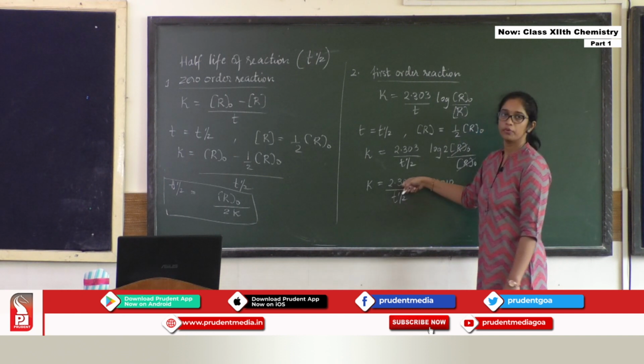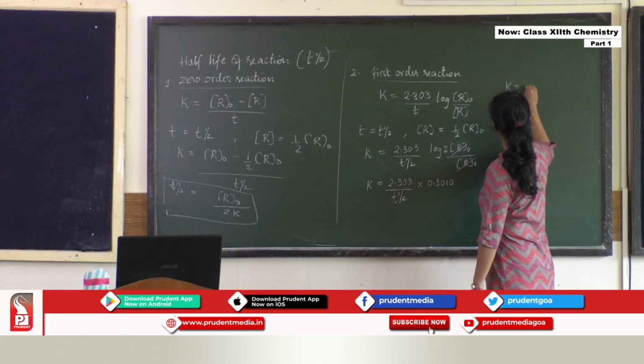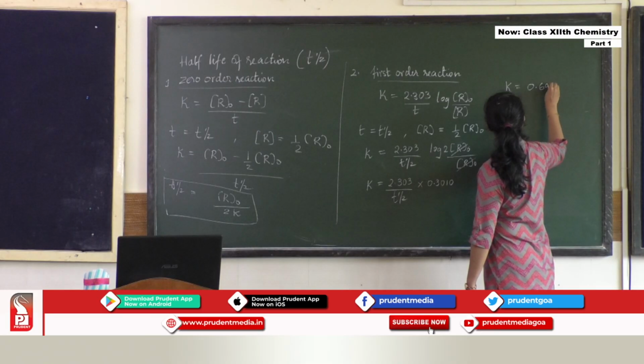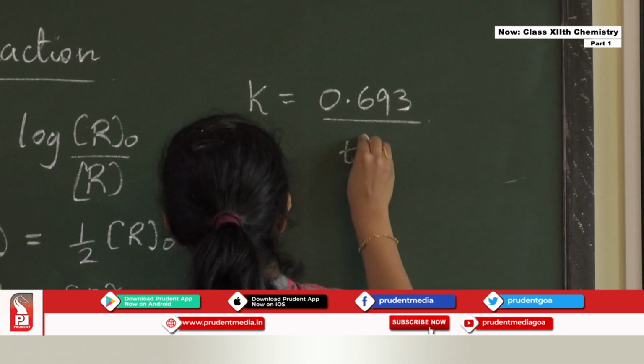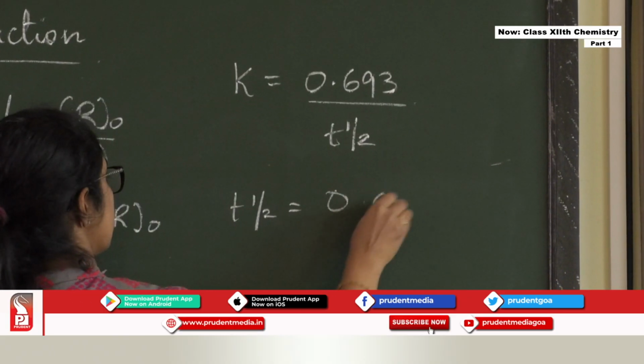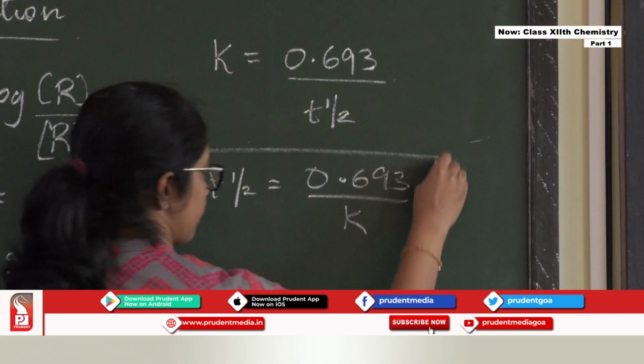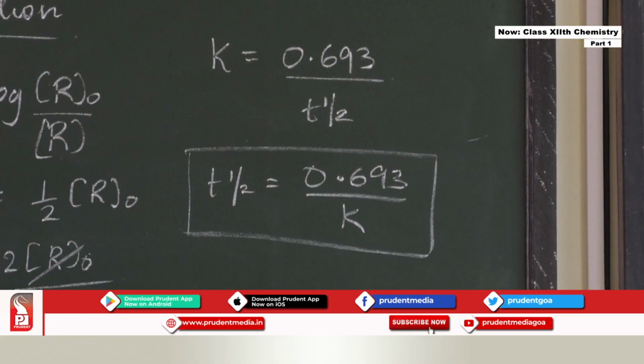When you multiply 0.3010 with 2.303, we get the answer, so T half is equal to 0.693 upon K. This is going to be the final equation for half-life of a reaction of first order.